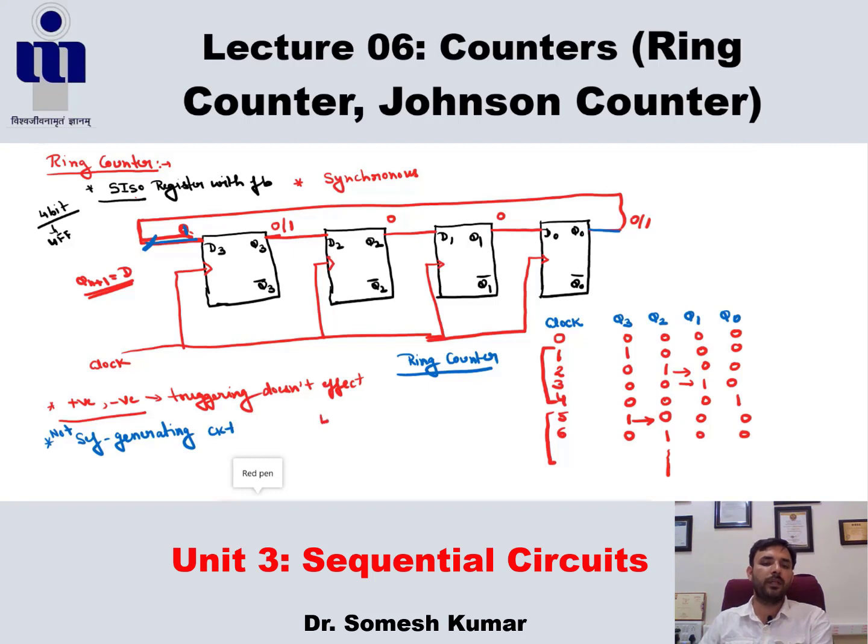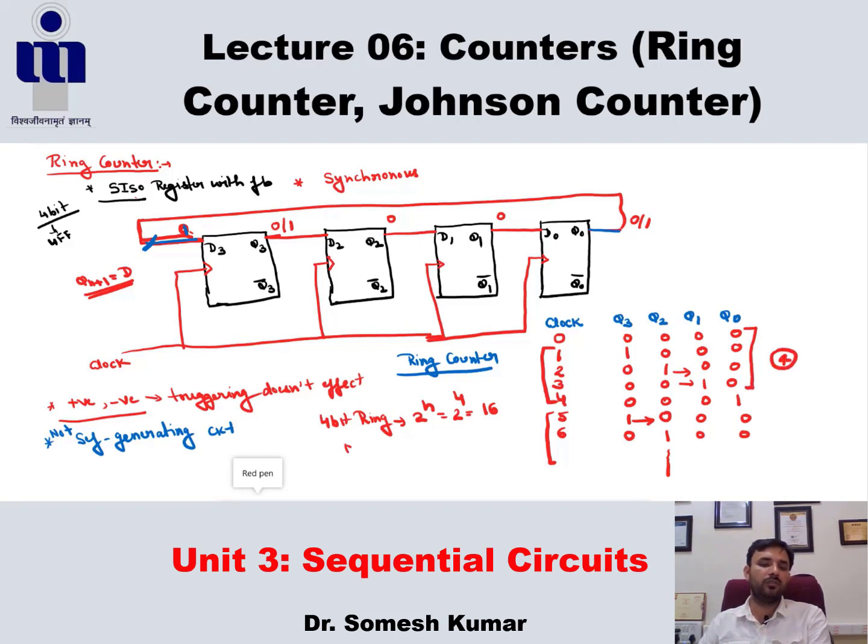So in the 4-bit ring counter, how many total number of states? You know, in the n-bit ring counter there are 2^n states. So this is 4-bit, so there are 16 states. But how many states are used from this truth table? Only 4 states are used.